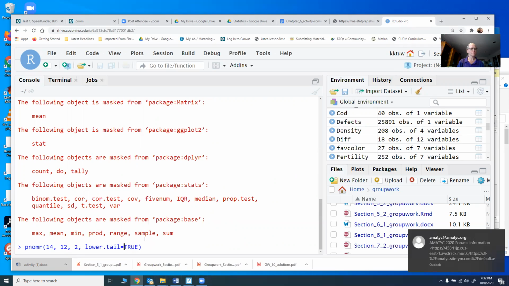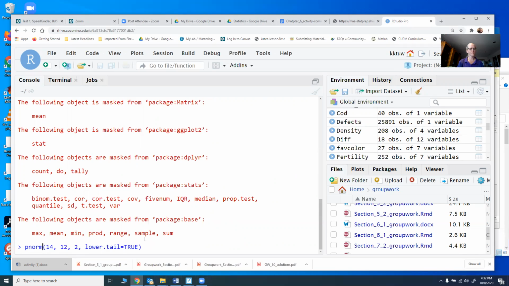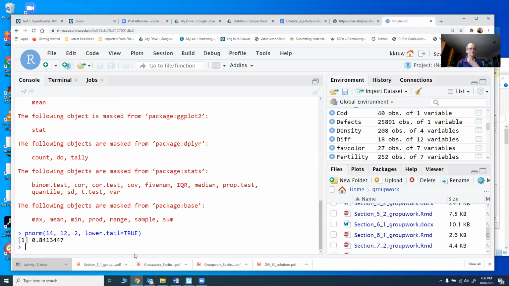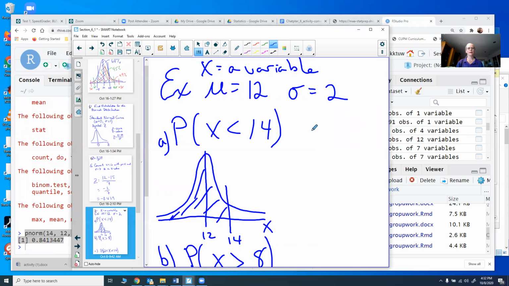And I didn't spell p-norm right. That is a problem. So p-norm, and then hit return, and there's your value. If you're in the console or in an RMD file, you can just copy this. Copy this, and then I'm going to go back into where I was, and I can then put that value in here.